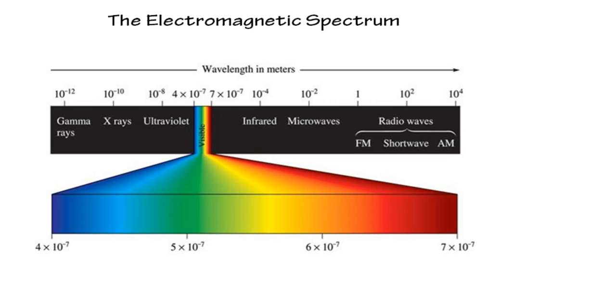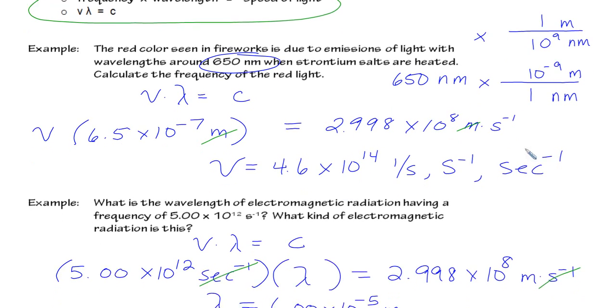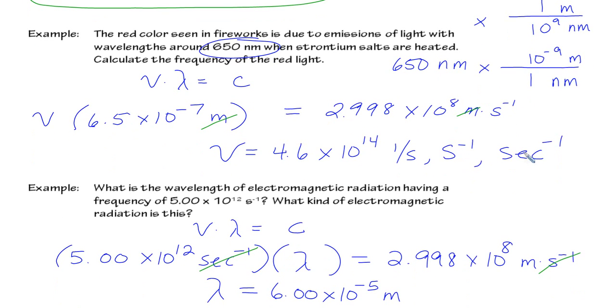So here we were looking at about like 6 times 10 to the negative 5th. So if we're somewhere in the negative 5th ballpark, we're probably somewhere in here. I think we're safe calling it infrared, huh? So let's do that. Let's call it infrared radiation, and then we are good to go.